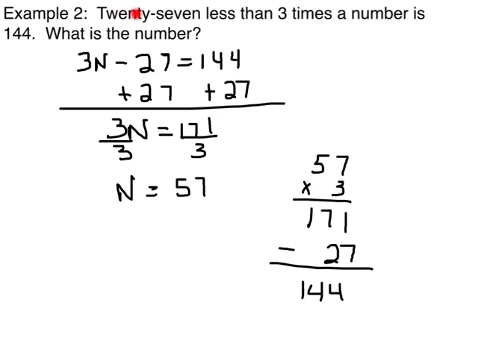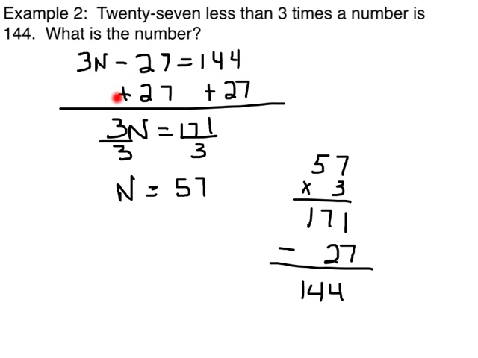Example 2 says 27 less than, that means subtracted from, 3 times a number is, or equals, 144. What is the number? Again, the devil is in the setting up. Once you've set it up, it's very easy to solve. 27 less than 3 times a number is 144.